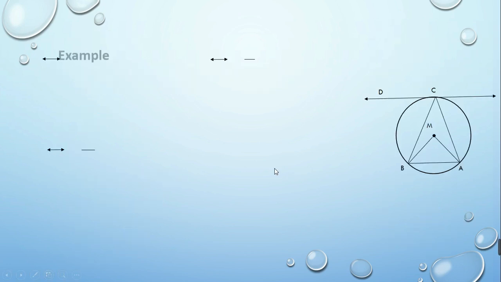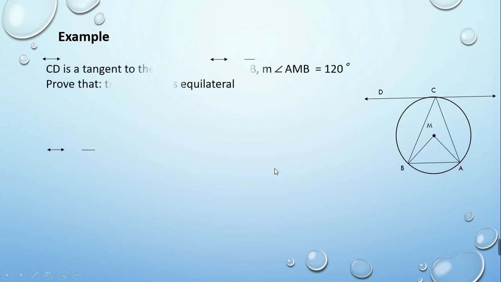Now go to page 97, Example 2. CD is a tangent to the circle at C. CD is parallel to AB. If I have two parallel lines, then yes, the measures of the arcs between them are equal.